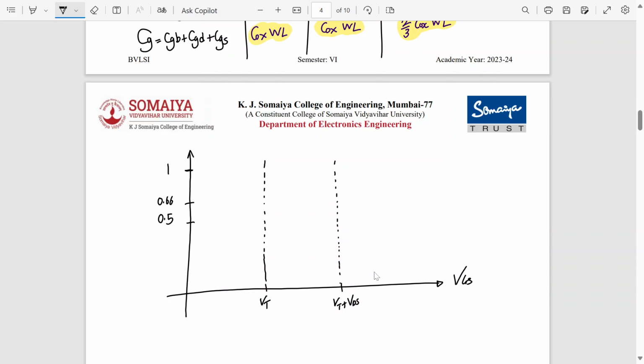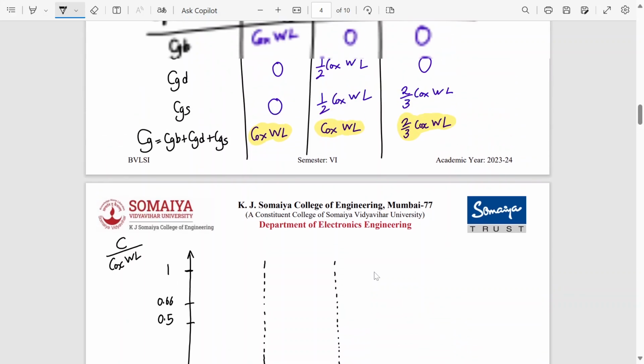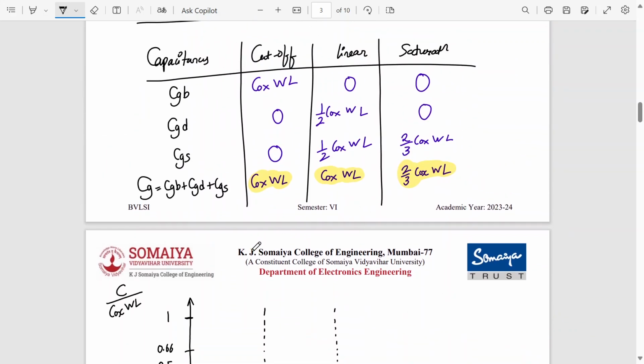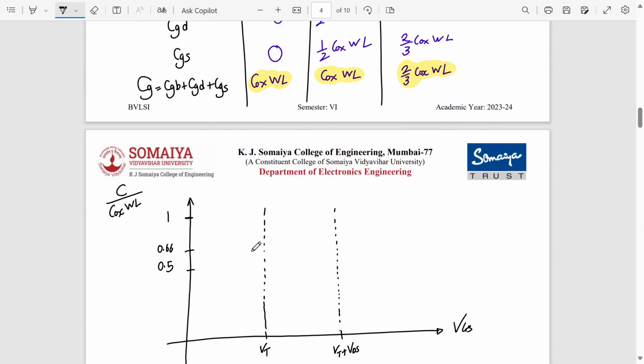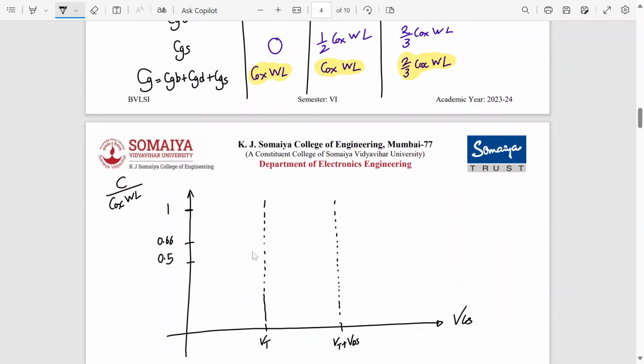So this will be C upon Cox W by L, capacitance divided by Cox W into L. This is my cutoff region, this is saturation, and this is the linear region.